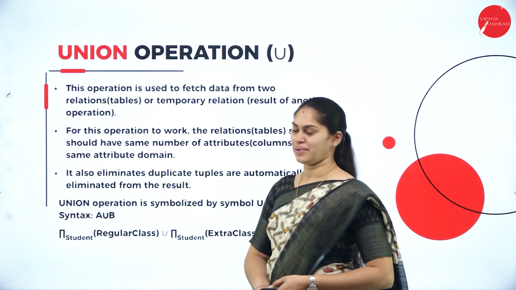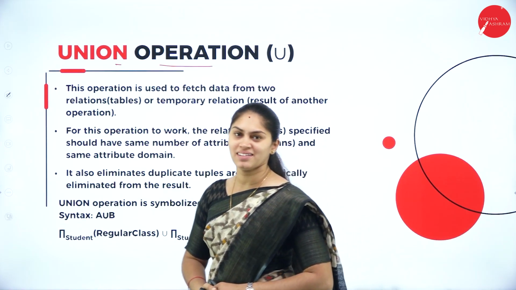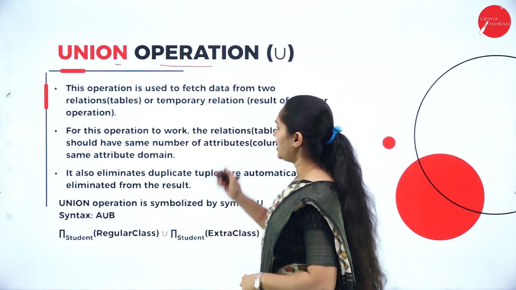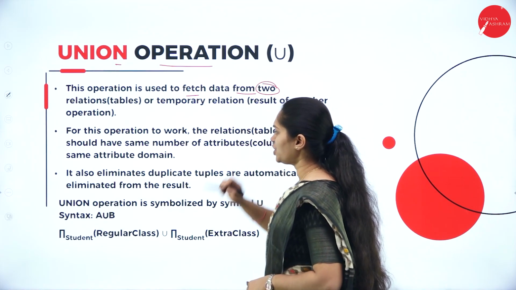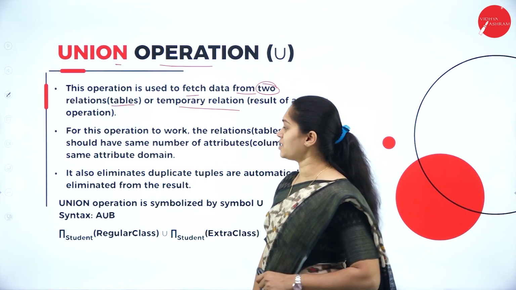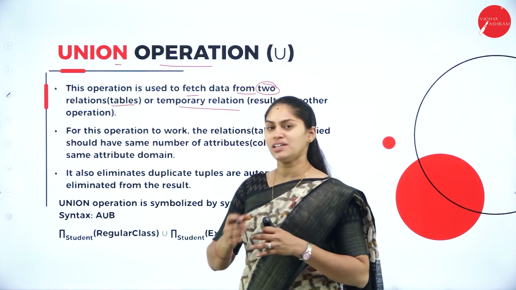We'll see the next operation, that is the union operation. What if you wanted to combine the data of one table with another table? Then we have this union operation. It is used to fetch the data from 2 relations or tables, or from a temporary resultant relation.